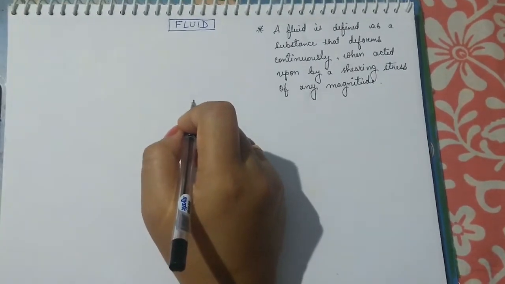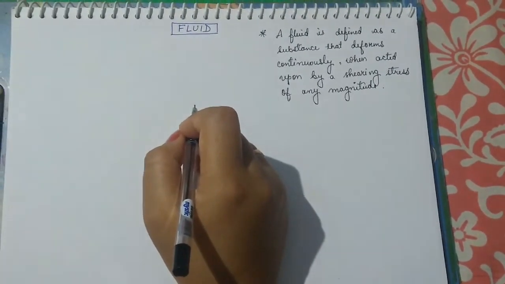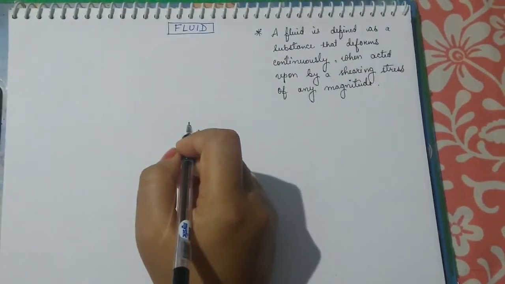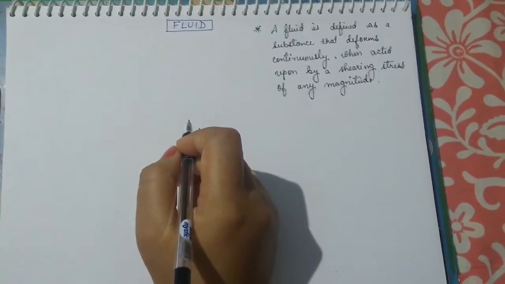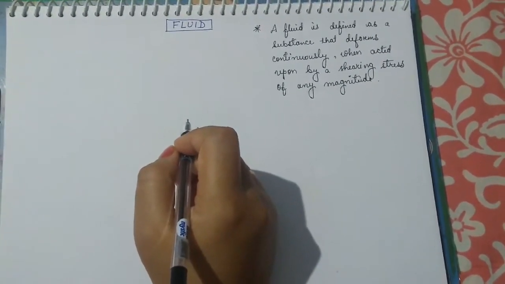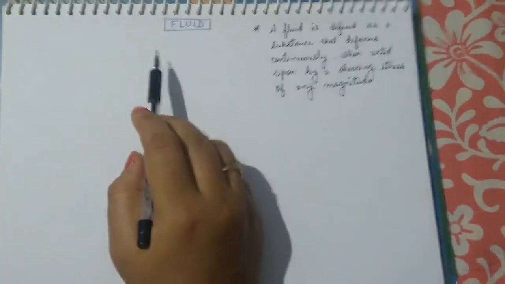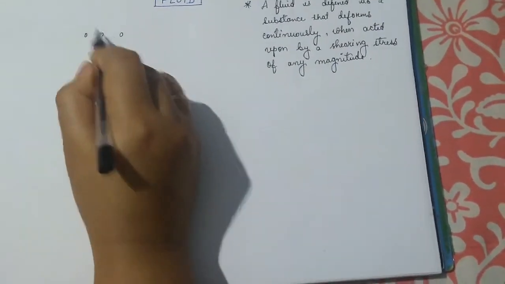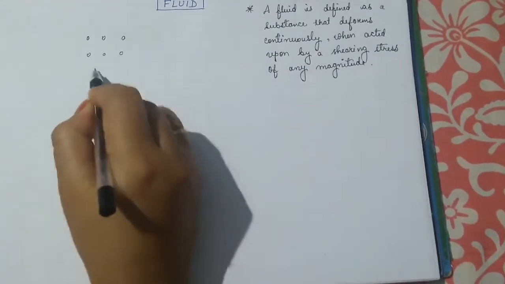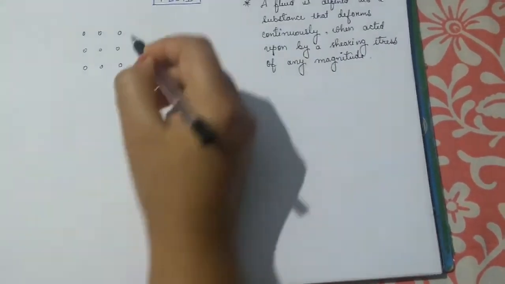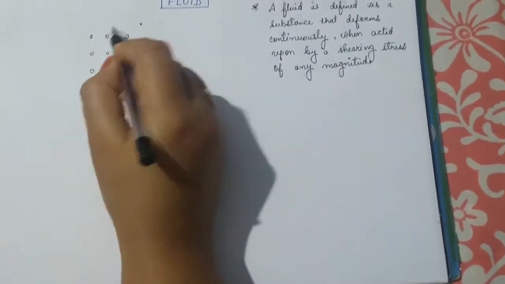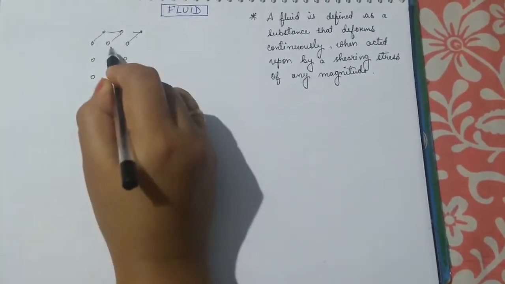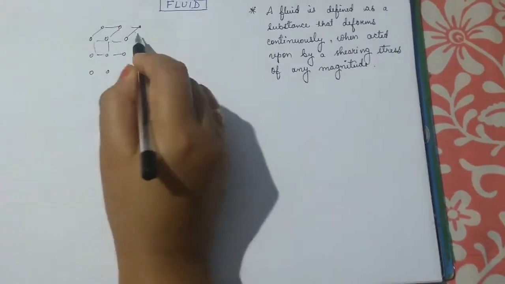But if you remove it, or if you keep going, the deformation is not going to continue for an infinite amount of time, because in a solid, if you consider these molecules, as I have already discussed in the initial video, you may remember the molecules are attached to each other like this, isn't it?